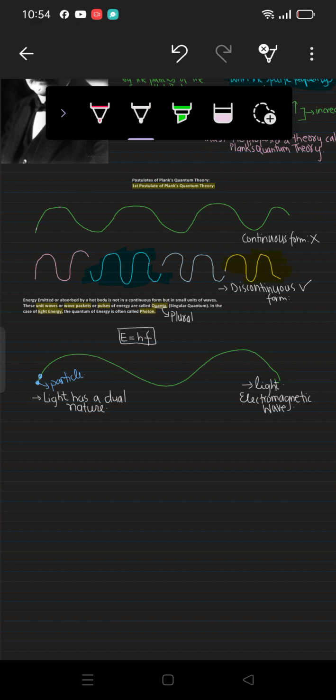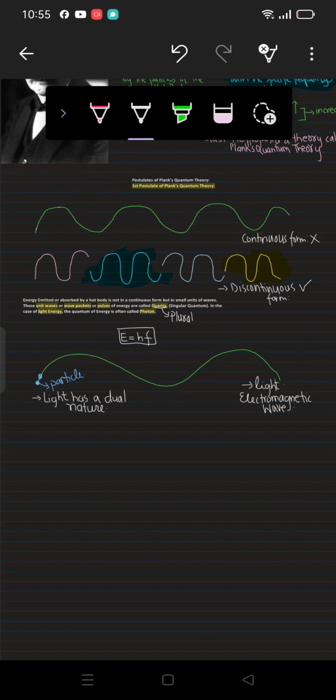Since electron is a particle, he said that if light is a wave and it can take the form of particles as well, then electron is a particle and it can be a wave as well. Means electron will have a dual nature as well, and that we will be discussing in the next class in great detail, right? So this was all for today, in which we discussed that light is not a wave only, however it can travel in the form of particles as well.